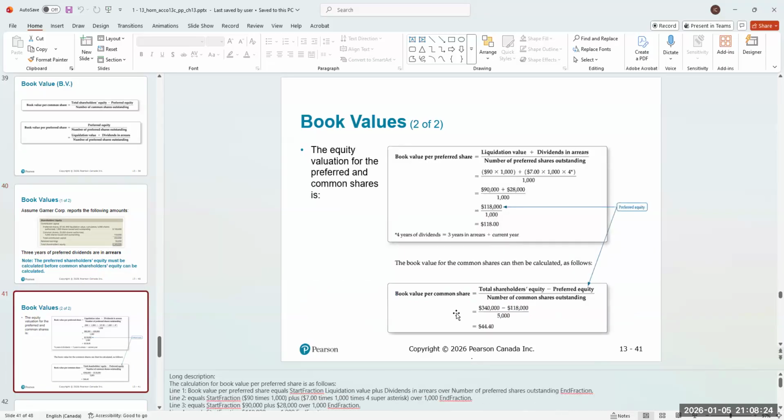Now the book value for the common shares: we use 340,000, which is the total shareholders' equity, less what we got for the preferred share equity, 118,000, divided by the outstanding common shares, 5,000. So the book value for the common shares is $44.4.